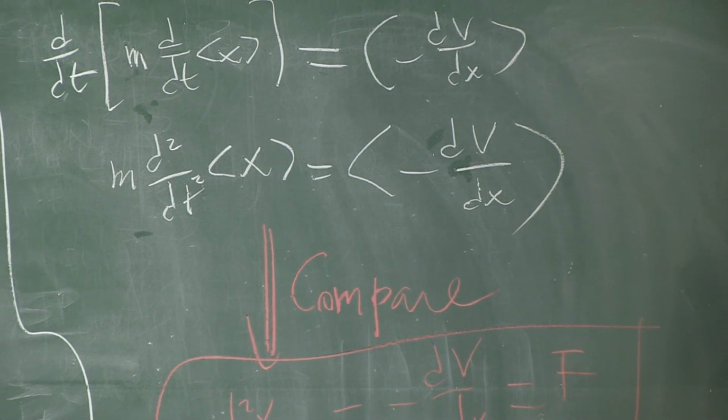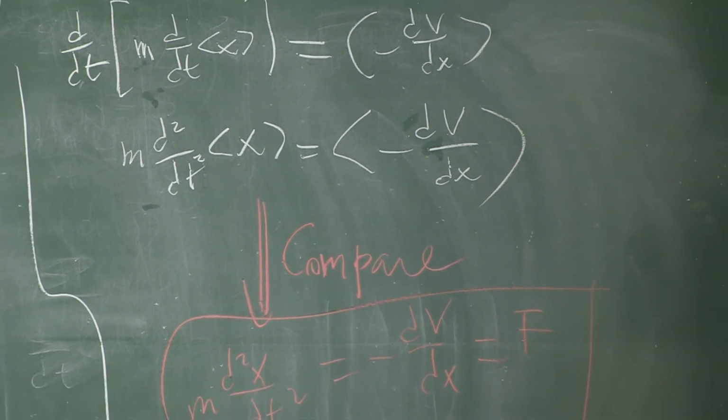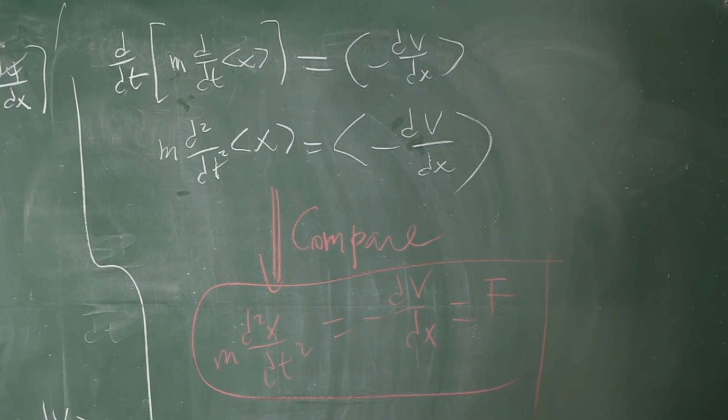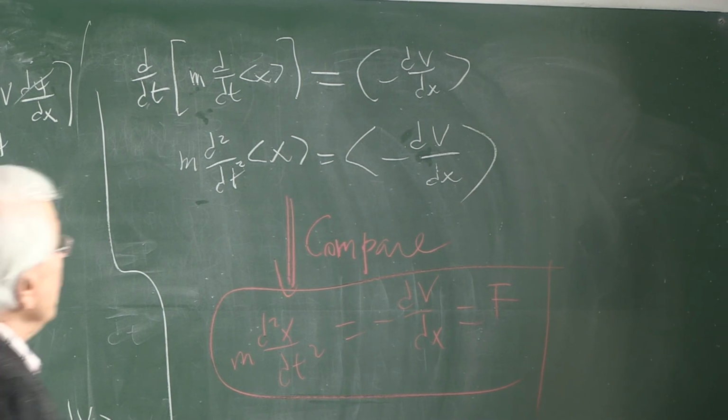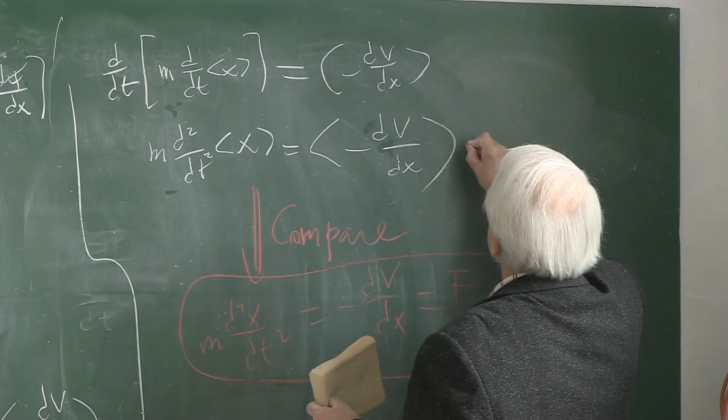Can you really reduce it further? Because that's the expectation value of V of x fully. What if you replace the expectation value of V of x and write it really as a purely classical thing? I invite you to think of it on your own. How do you write this?